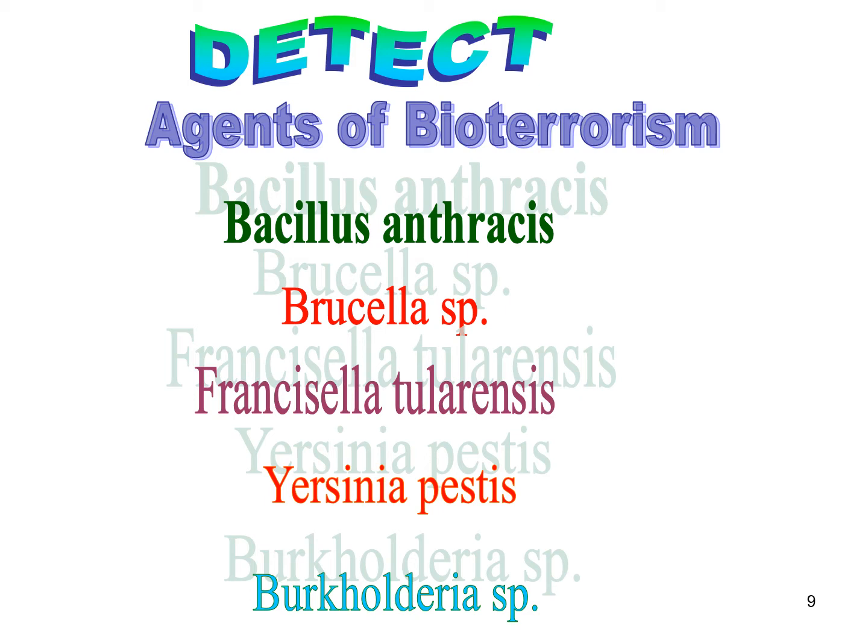So we're not going to be going through every single organism because, of course, it's an extensive list, but we will revisit several of the agents of bioterrorism that we've looked at in previous chapters, including Bacillus anthracis, Brucella species, Francisella tularensis, Yersinia pestis, and Burkholderia species. So again, these organisms we'll go through are not all inclusive, but we're going to focus on these ones that we've already looked at in previous chapters.